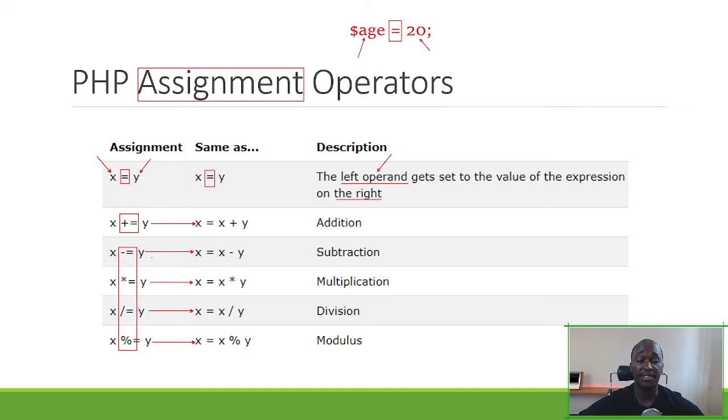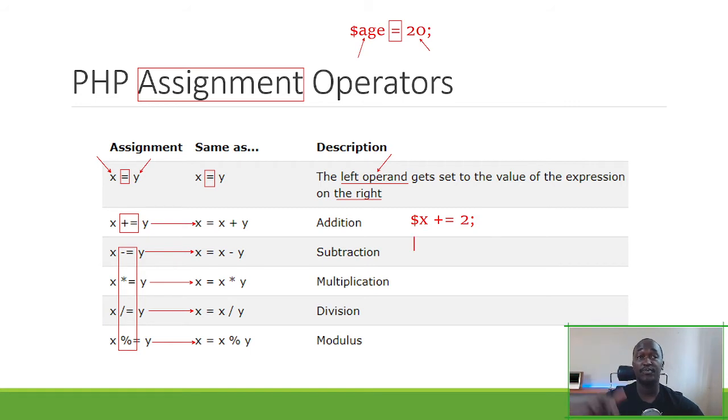Most of the time, we use this technique to update variables, for example, in a loop. Of course there's another technique, but we can use something like this: we have a variable x, so we can do x plus equals 1, or x plus equals 2 if we want to update by 2 during every loop.